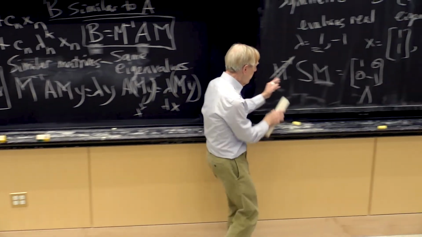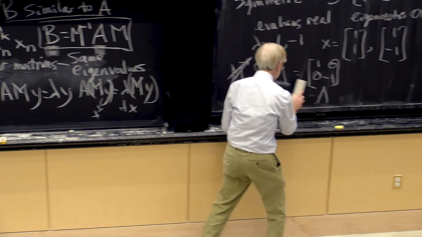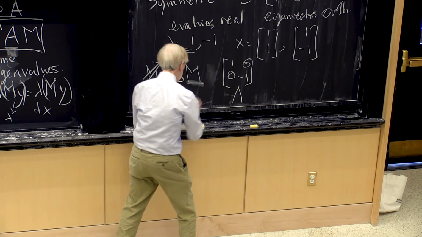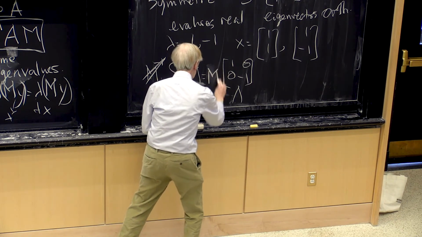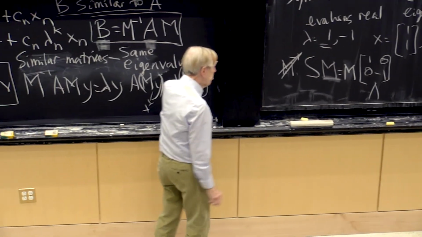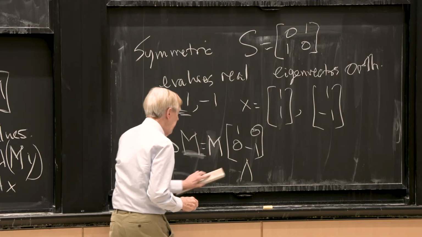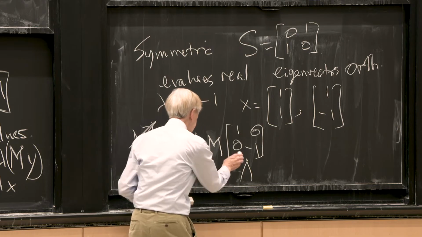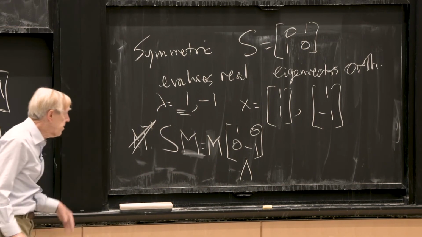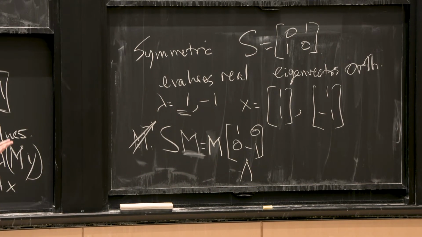So this is all going to be right if this is what I'd like to have: SM equals M lambda. SM equals M lambda. That's diagonalizing a matrix. That's finding the M using the eigenvectors.